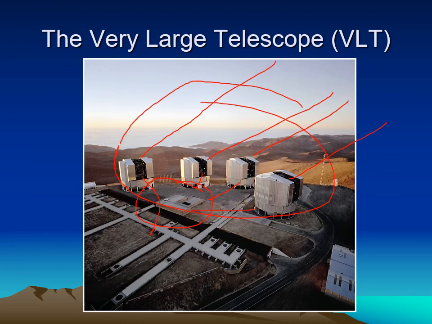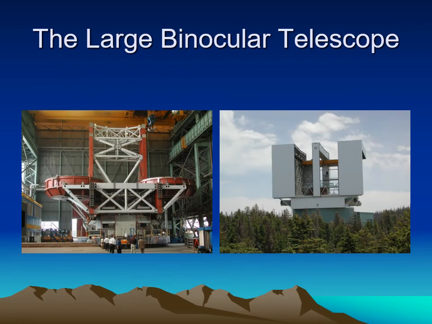And so the Very Large Telescope is the name of this group of 4 telescopes that can occasionally act as one big telescope. In Arizona, they also built something that was 2 big mirrors that focus together in one spot to act like one big telescope of that size, and they call it the Large Binocular Telescope.